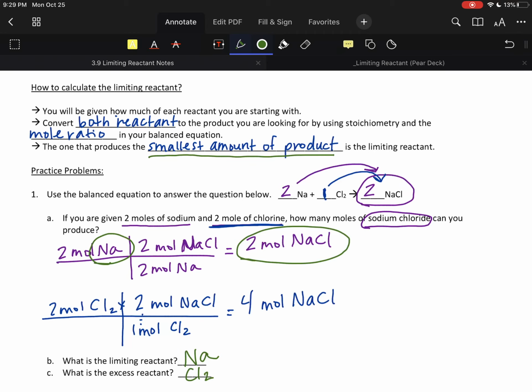So this is saying that I can have 2 moles of chlorine, right? That's fine. I can put that in my reaction. But my reaction is going to stop once those 2 moles of sodium are gone. Okay, because there's nothing else to react.